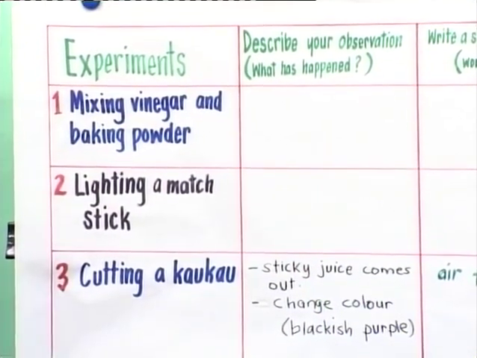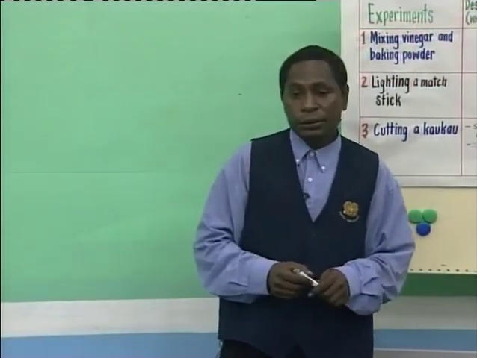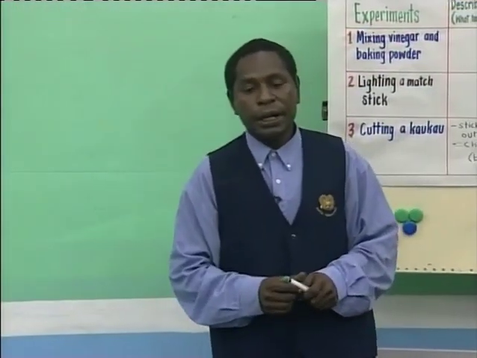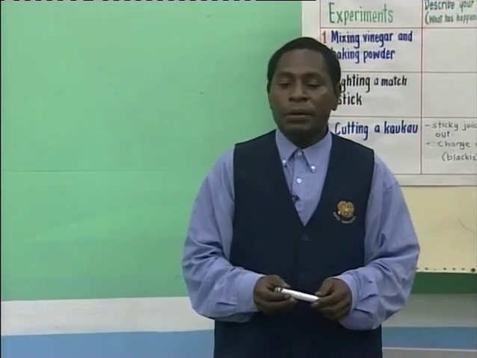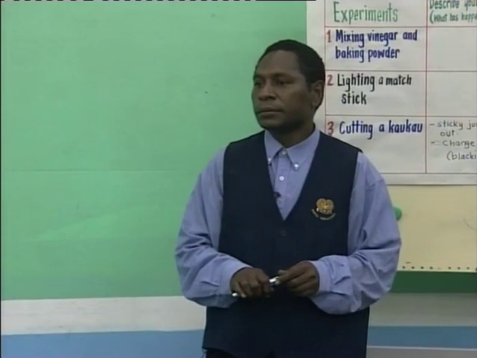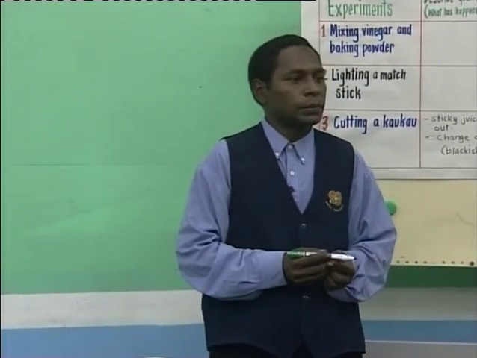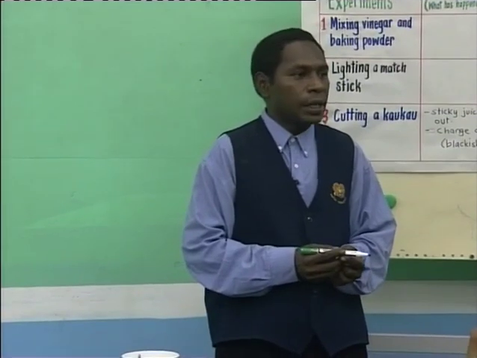Can anyone tell me what happened in the first experiment when we added baking powder to vinegar? Lisa: When baking powder was added to the white vinegar, it formed white bubbles.